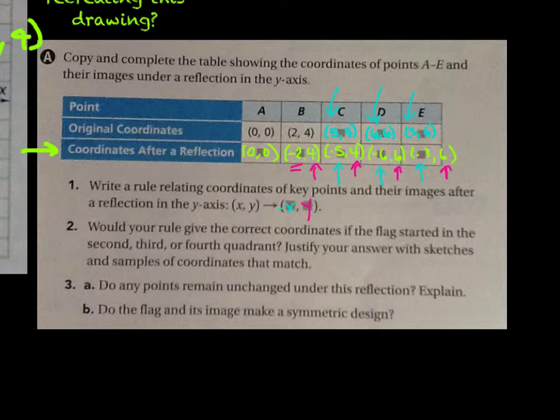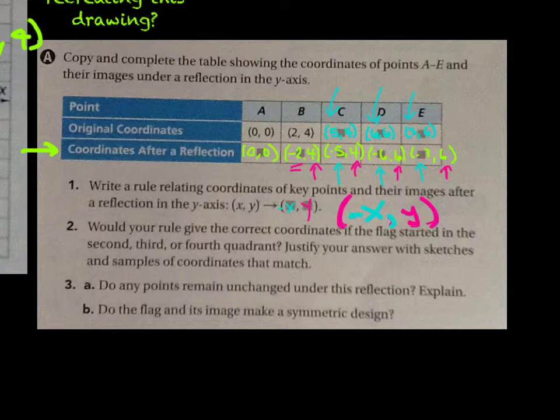So our rule for this, I'm going to write it bigger so we can see it, is negative x, comma, y. That is our rule. I'm also going to increase my pen size. Negative x, comma, y is our rule. So the x values in that reflection become opposite of what they used to be.